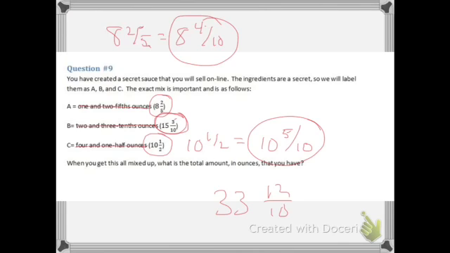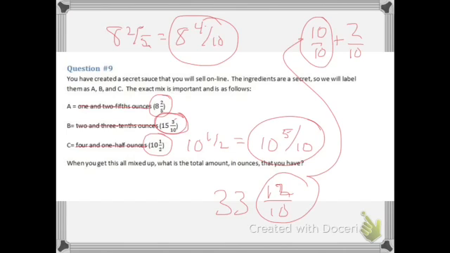33 and 12/10. And 12/10 is an improper fraction. 12/10 is actually, let me write it up here, 10/10, which is 1, and 2/10, which is 1/5. So that's 1, and I can just add it to this 33. So that makes that 34.